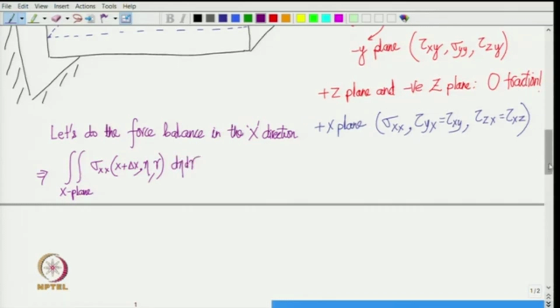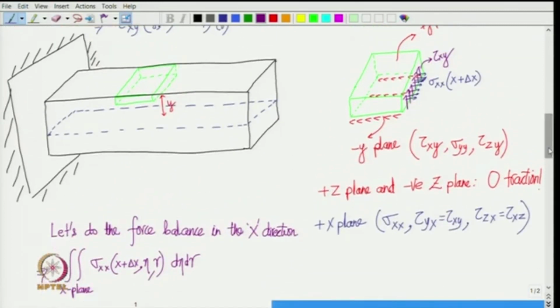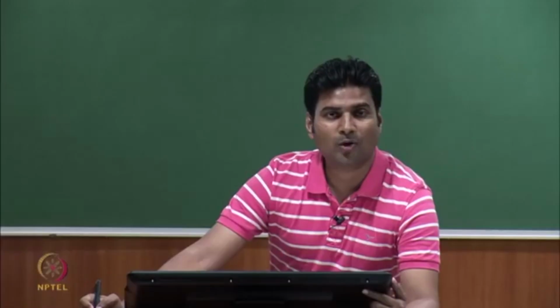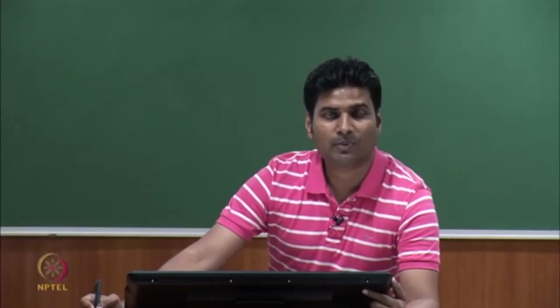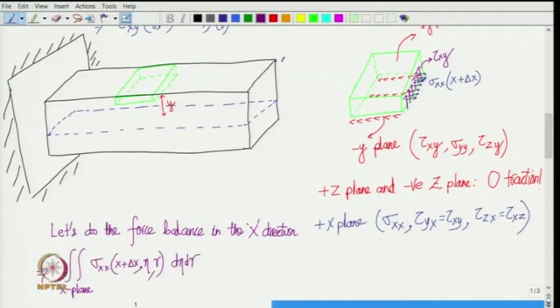And you see here, suppose eta is the y component. So, eta is going to vary from y to h by 2 if h is the height of the cross section. So, if we say that this is h and this is b, then eta goes from y to h by 2, is not it?